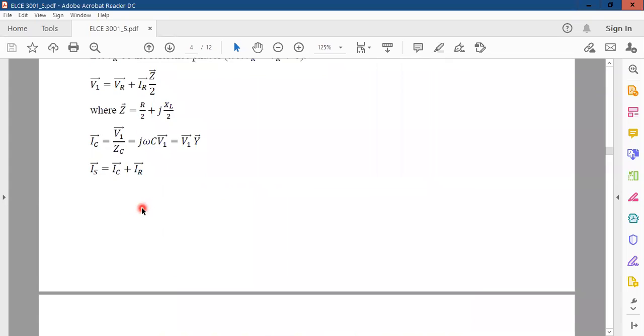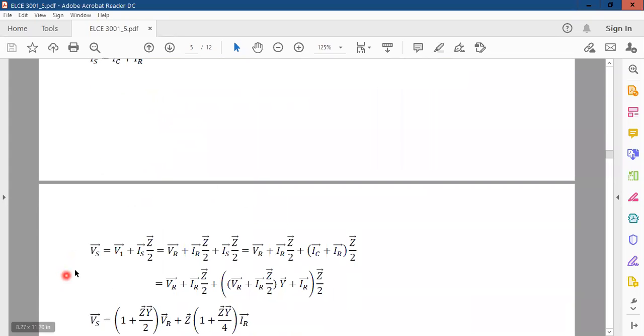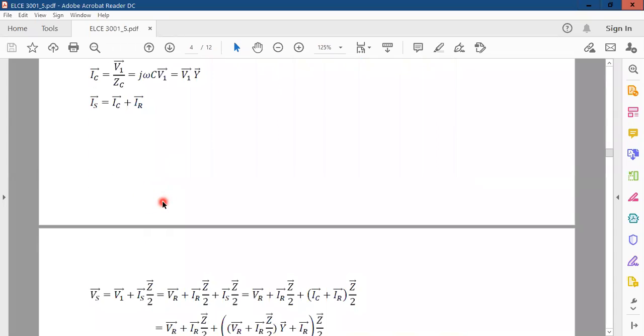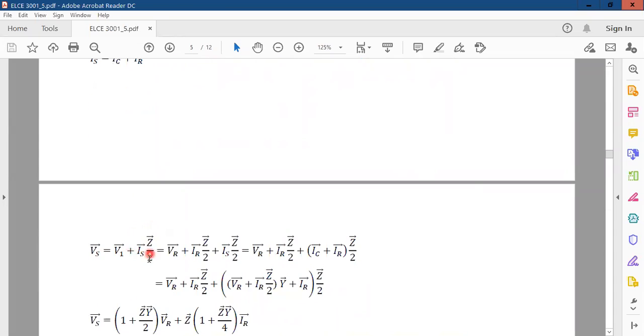So we come to calculate VS. This is VS. If you put a voltmeter here and here, it will measure V1 plus this current multiplied by this value. So VS will equal V1 plus IS Z over 2. What's the value for V1?